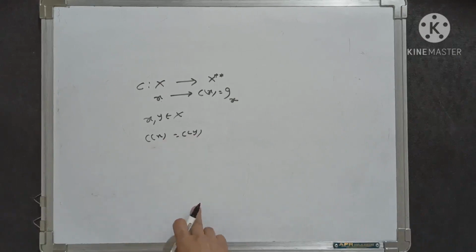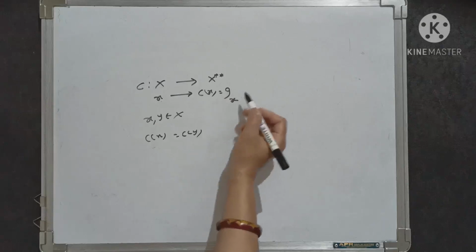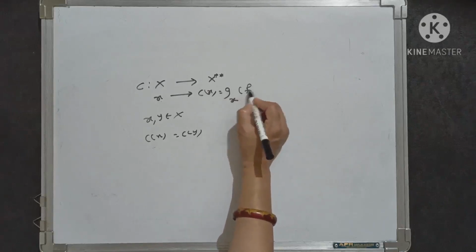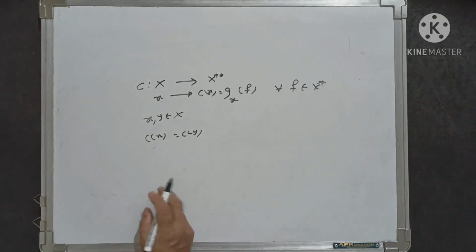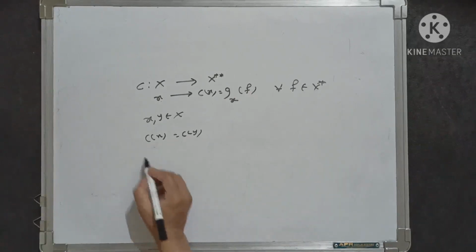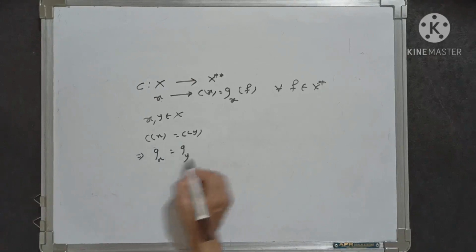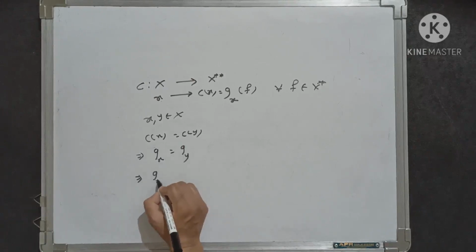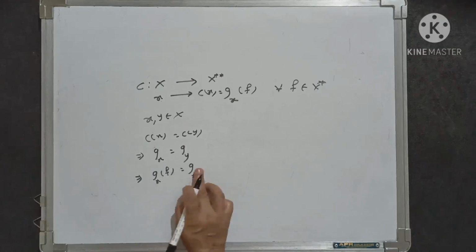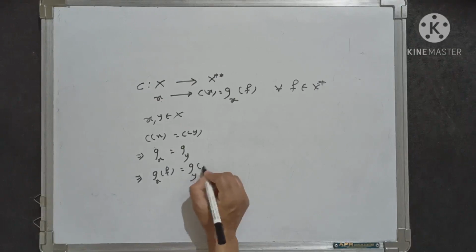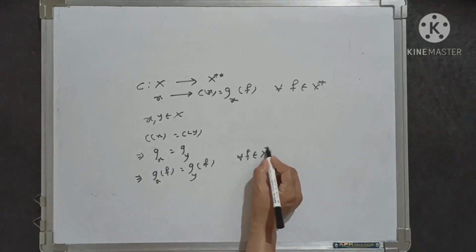As Cx equals Cy, it means g_x equals g_y, that is g_x of f equals g_y of f for all f belonging to X star.